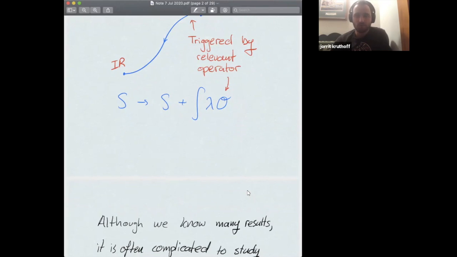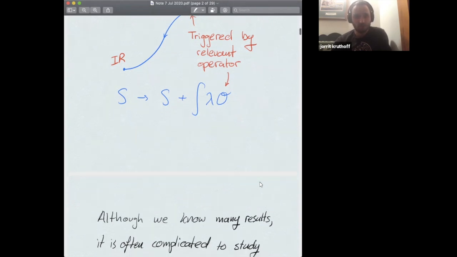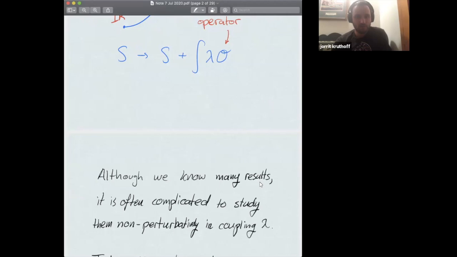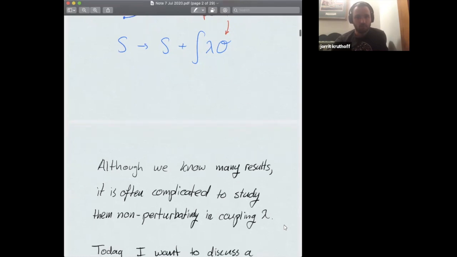Of course, there are known results like matching the 't Hooft anomalies in the UV and IR, which give relations between the UV and IR, or the monotonicity of the central charge from the UV to the IR. Those are all non-perturbative statements that are out there. But in general, it's very hard to study this flow non-perturbatively in the coupling.